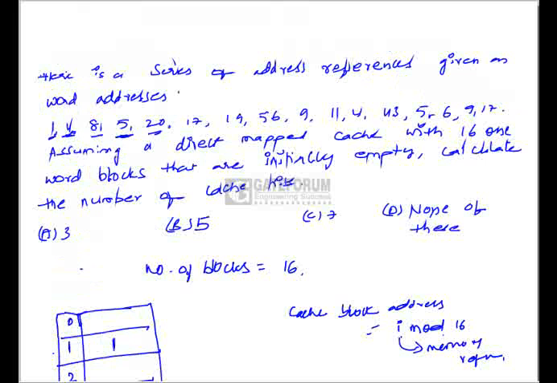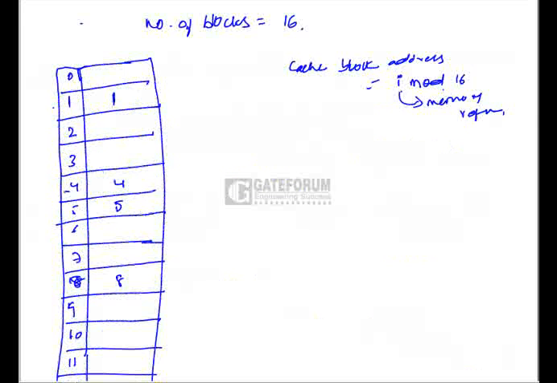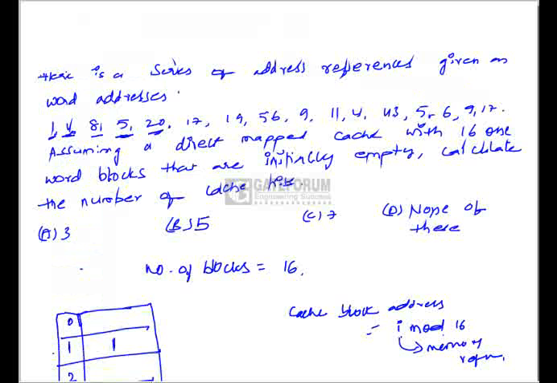Now 20 is placed at 20 mod 16, which is 4. So 20 is placed at block 4, and 4 is replaced with 20. Now 17 mod 16 is 1, so 17 will be placed at 1, and the 1 will be replaced by 17.